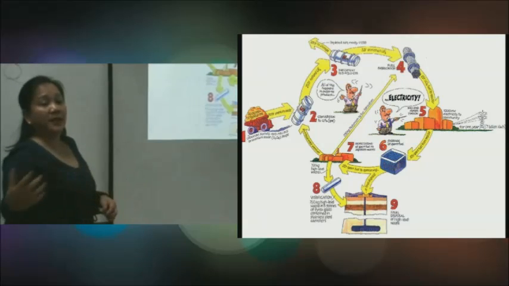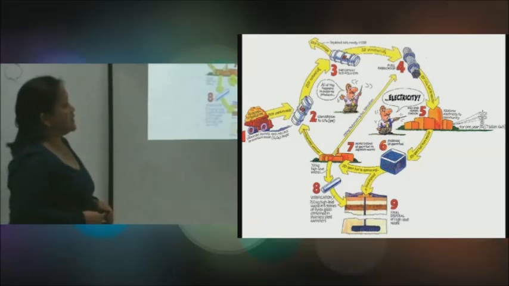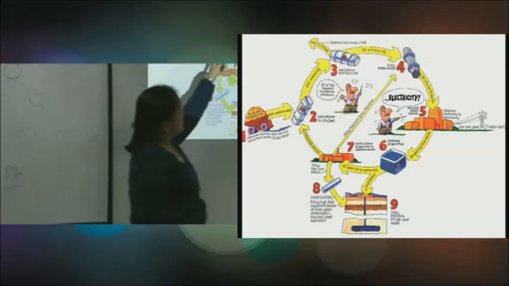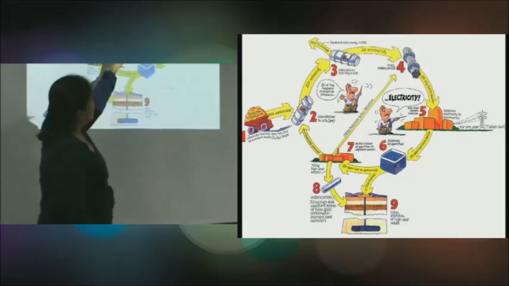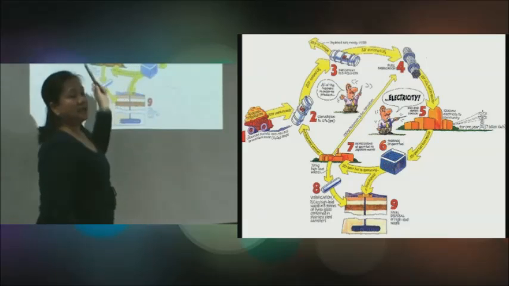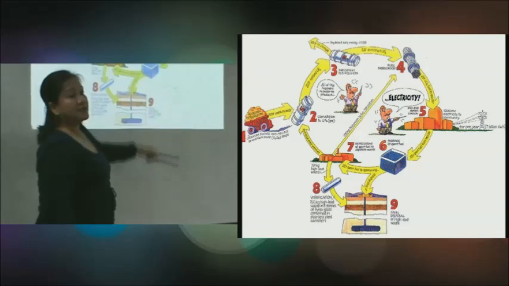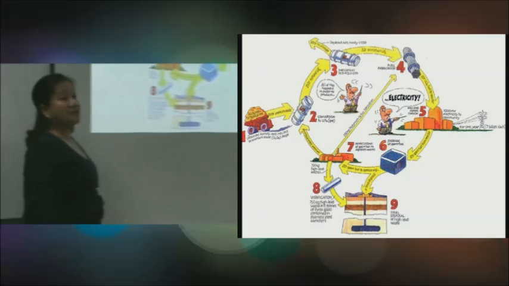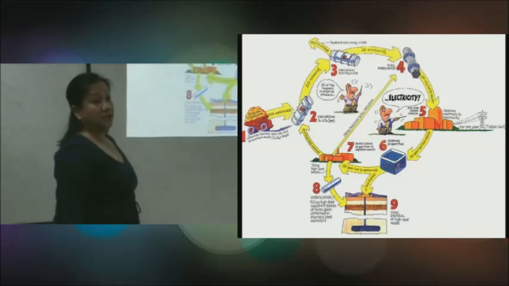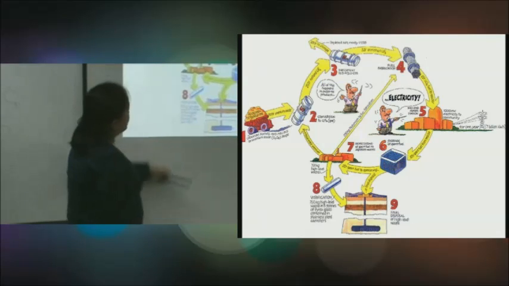Otherwise, that will be added to the nuclear waste, the hazardous waste that will be generated from the plant. Aside from that, we mentioned the spent fuel rod. Although from the cycle, you can see that we can also recycle the spent fuel rod. How? Take a look at this part.